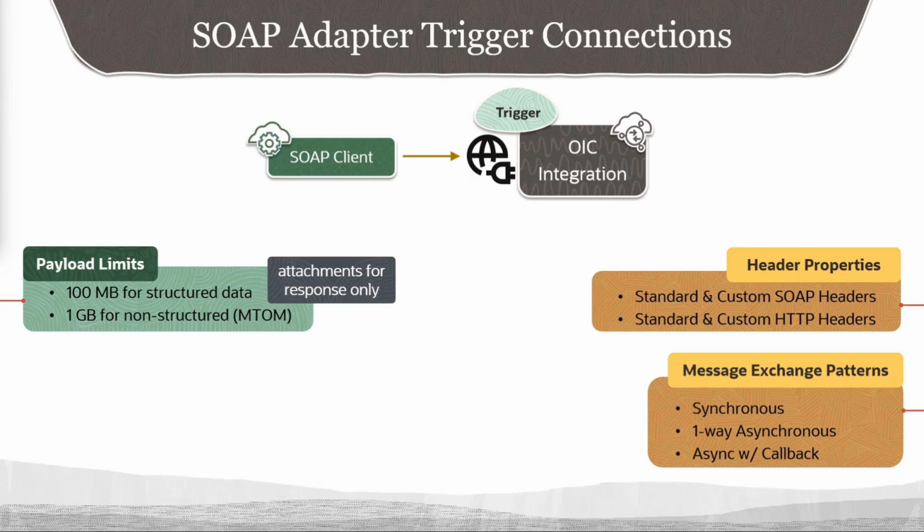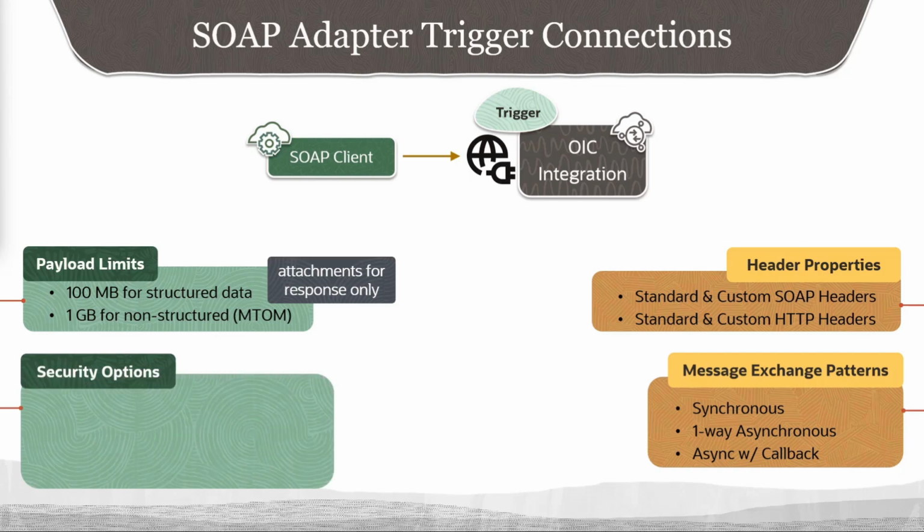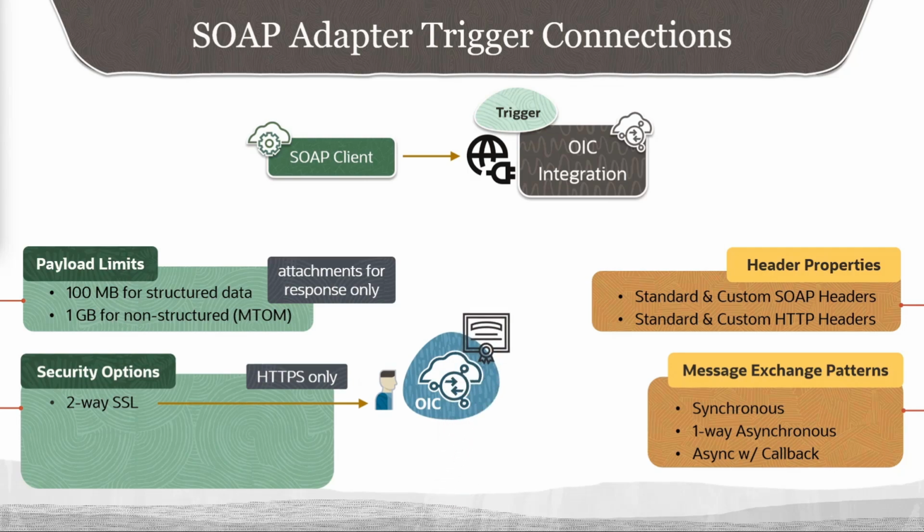be supported. As for security, one difference for a trigger interface is that it can only be configured as an HTTPS protocol-based endpoint. You can also choose to enforce two-way SSL, which will require an administrator to ensure valid client certificates are uploaded into the OIC environment.